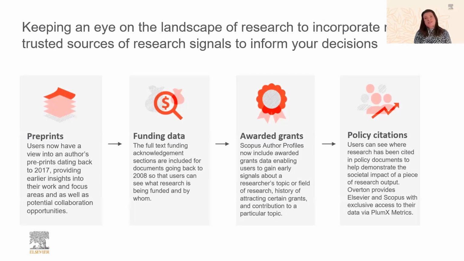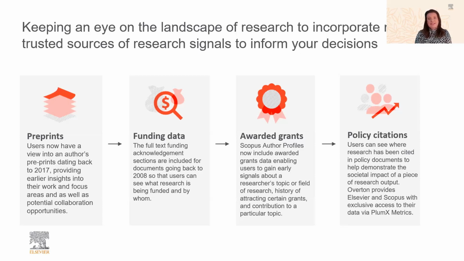Additionally, Scopus is here to enhance your research insights by tapping into new data sources. So here we provide access to author preprints dating back to 2017. The preprints you find on the author details page.